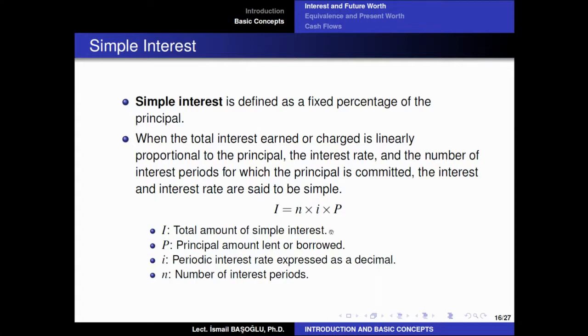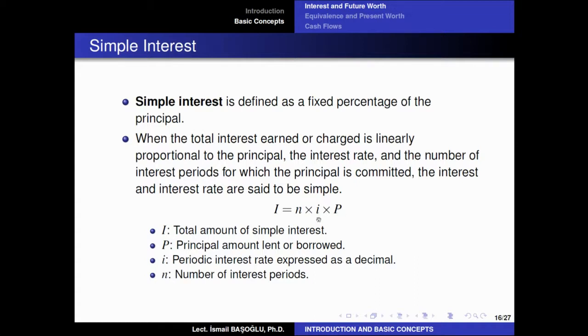So in this formulation, as you can see, we calculate the simple interest by multiplying the principal amount that is being borrowed with the interest rate per period and the number of periods that the principal amount is borrowed. Okay, so P is the principal amount that is being borrowed.